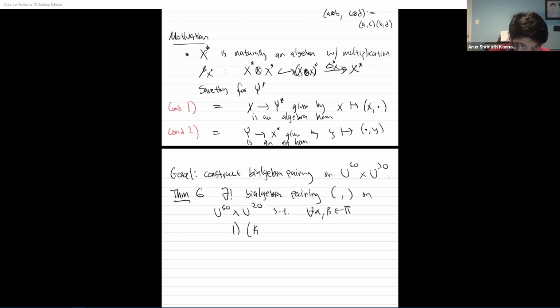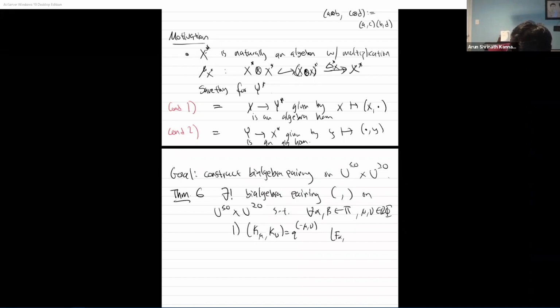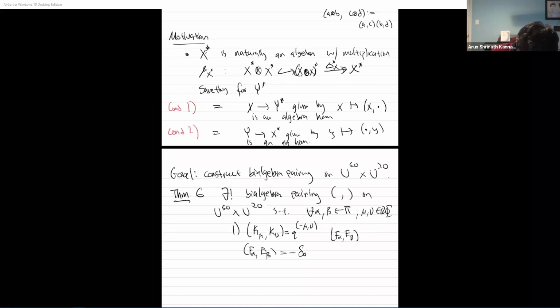And I should add, and mu, nu in the root lattice. So K mu K nu is equal to q to the minus mu nu. F alpha E beta is equal to minus delta alpha beta over q alpha minus q alpha inverse.